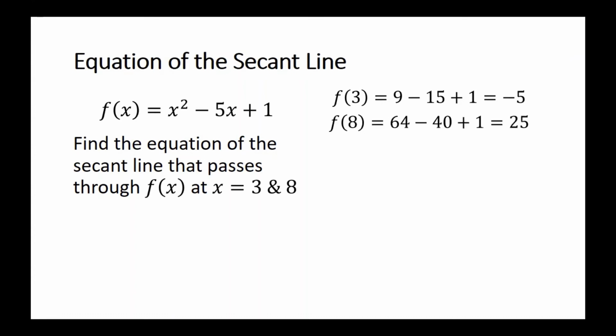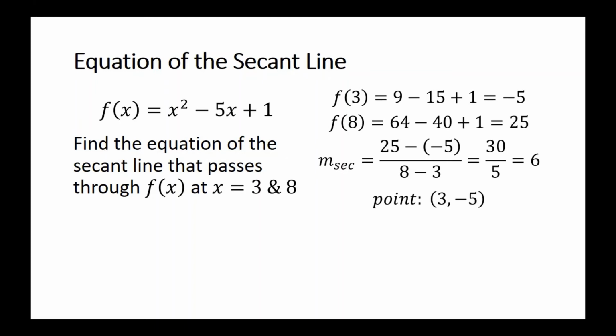We plug 8 into the function. So f of 8 is equal to 64 minus 40 plus 1, which is equal to 25. Then we find the slope of that secant line. 25 minus negative 5 over 8 minus 3 is equal to 30 over 5, or 6. So we have a slope of 6.